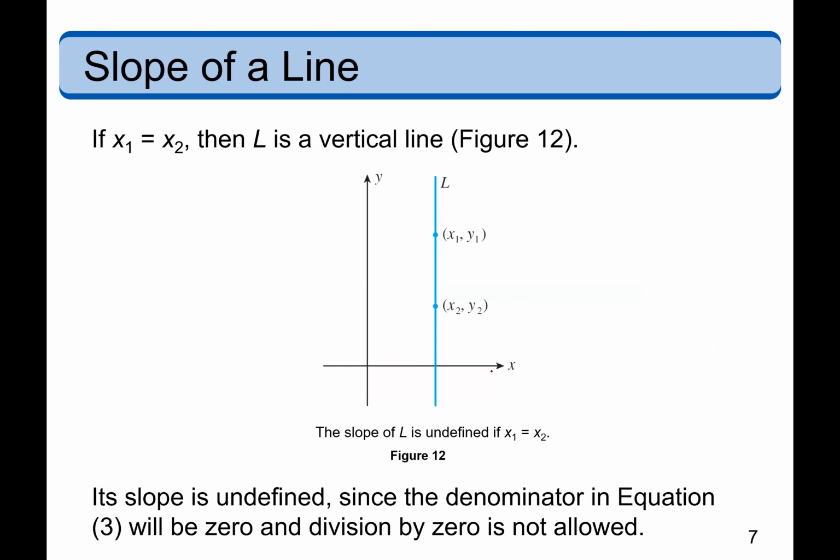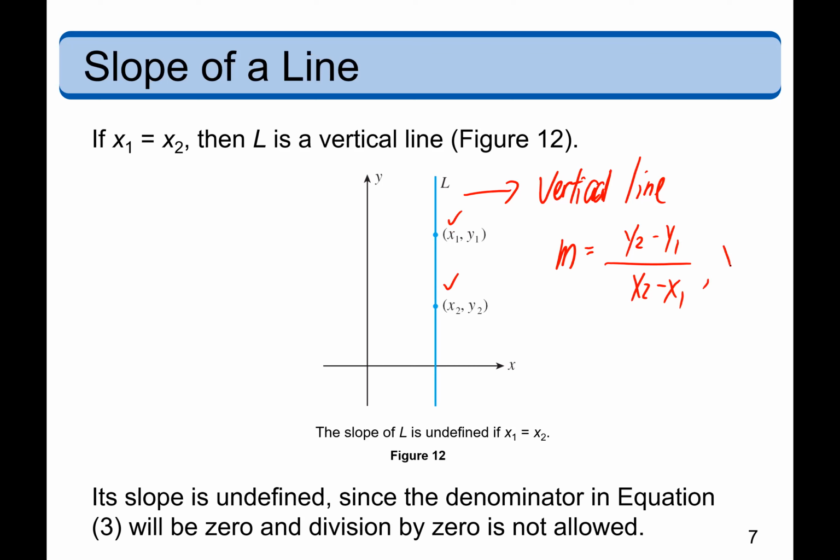This is what we call a vertical line. What happens with a vertical line? Is there any slope? If you do slope equal to y2 minus y1 over x2 minus x1, however, you see x1 and x2 are equal to each other, because it's a vertical line.